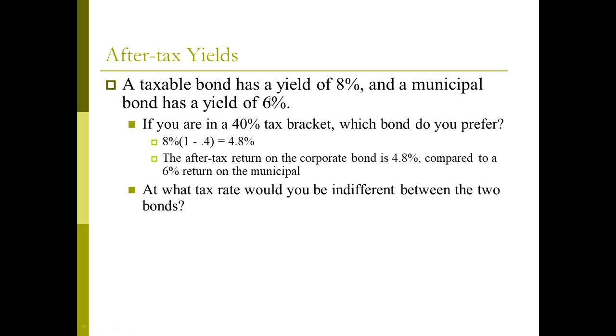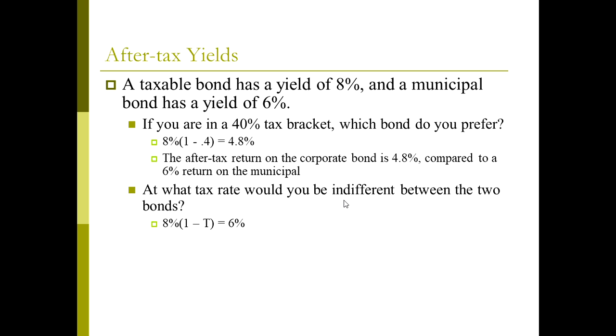If you are at a 20% personal tax rate, then 8% times 1 minus 20%, so 8% times 80%, you can get 6.4% after tax, which is actually better than the municipal bond. So you will prefer the taxable bond as a student because your tax rate is pretty low. So the question is, at what tax rate will you be indifferent between the two? It means both of them look equally good to you.